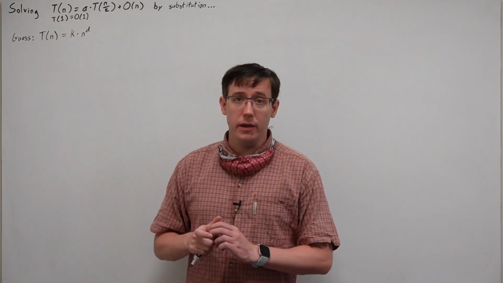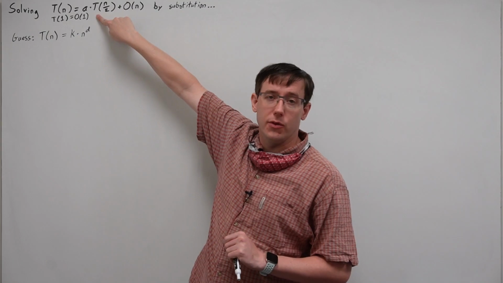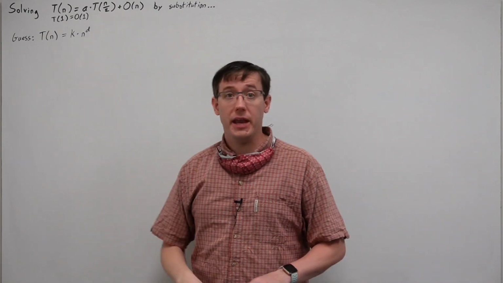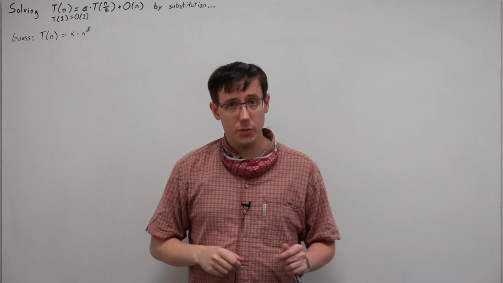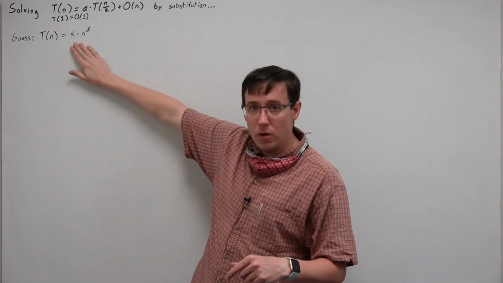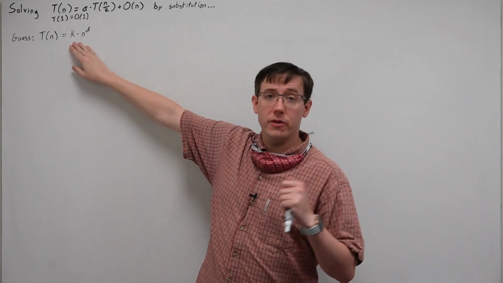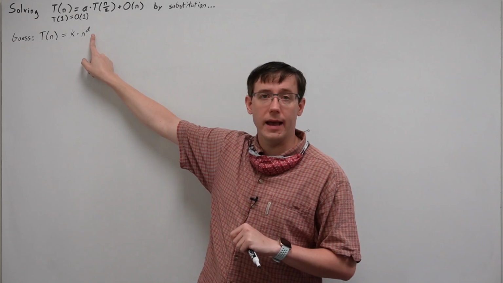Our goal now is to solve this generalized version of the recurrence, where we have a number of subproblems a, and we're going to use partial substitution, which means that we need to start with a guess as to the form of the solution, but there are some unknown constants, k and d, in our guess.